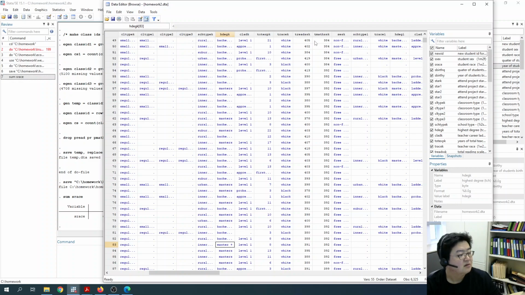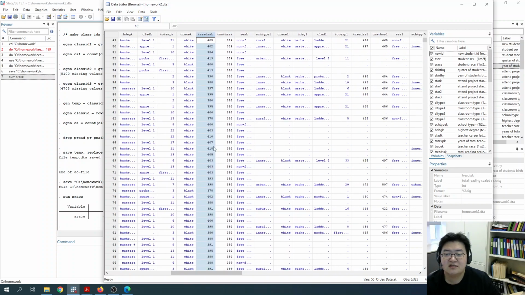This is the reading test score, and this is the math test score. They are non-standardized scores, and we used these two scores to calculate a standardized percentile score, scaled between 0 and 100.